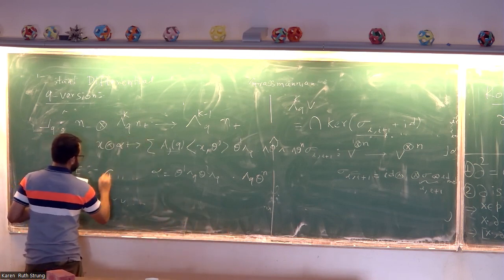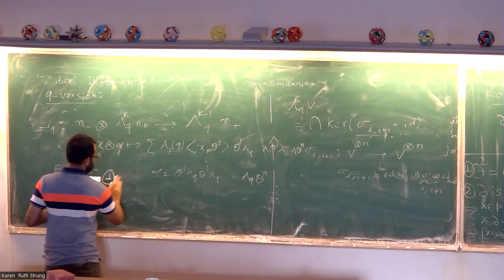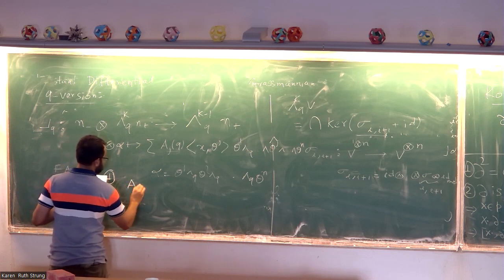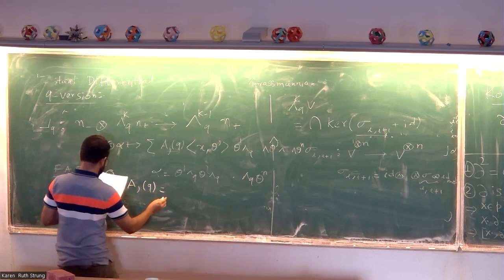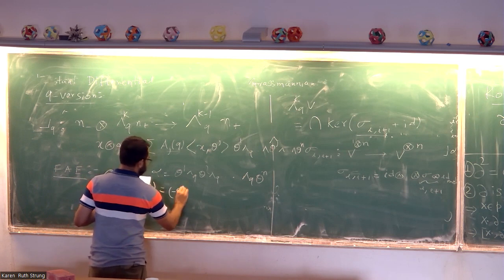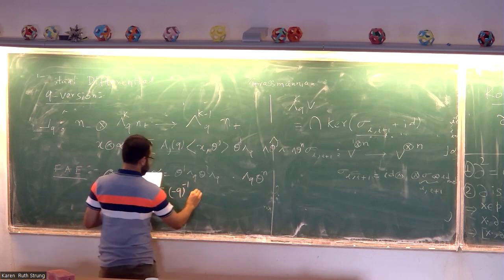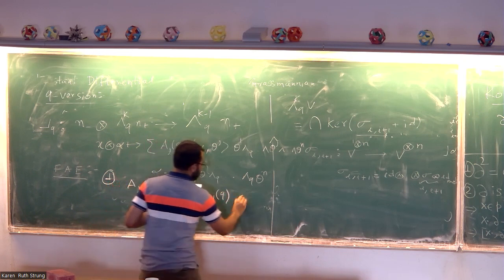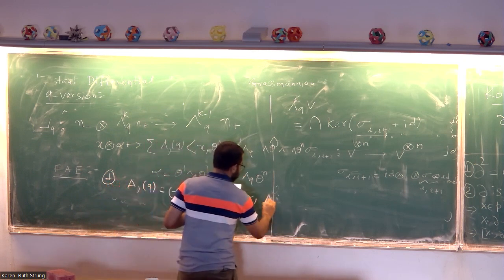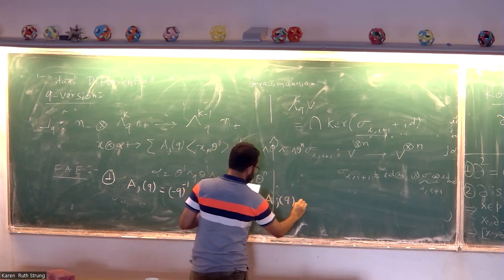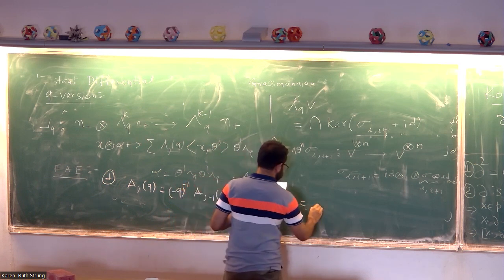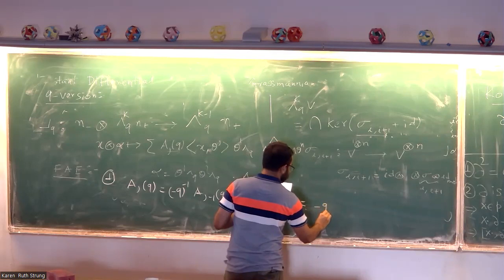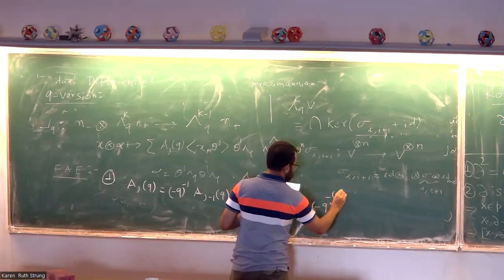Number one, a_j(q) is minus q to the power of the inverse of a_{j-1}(q), or a_j(q) is minus q to the power minus (j minus 1).